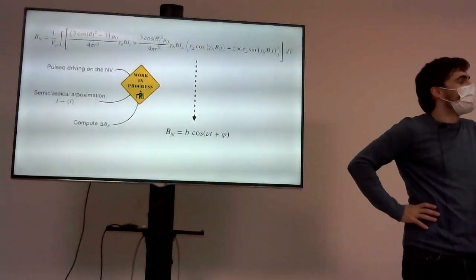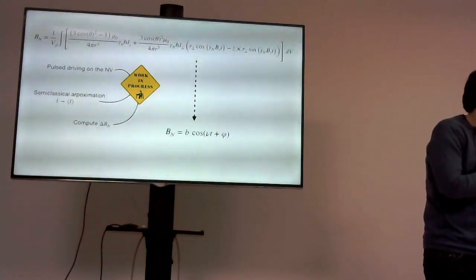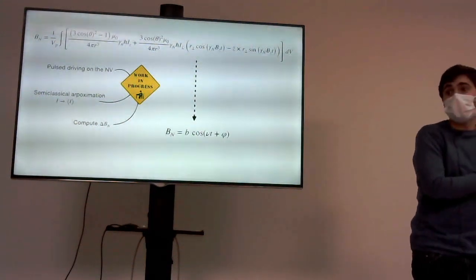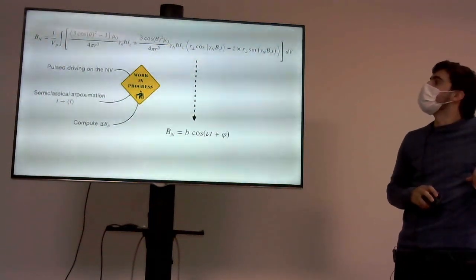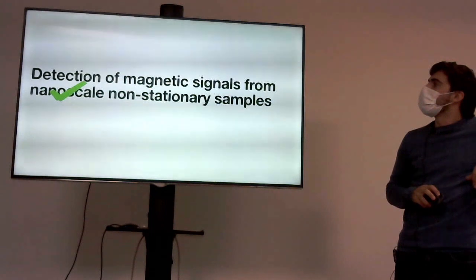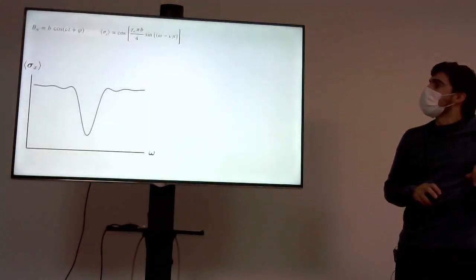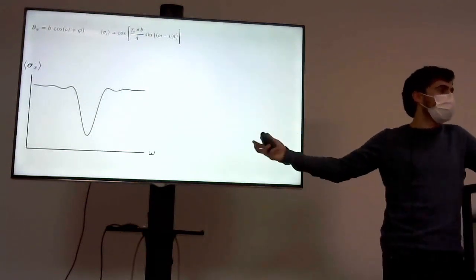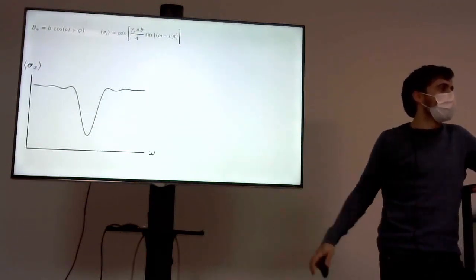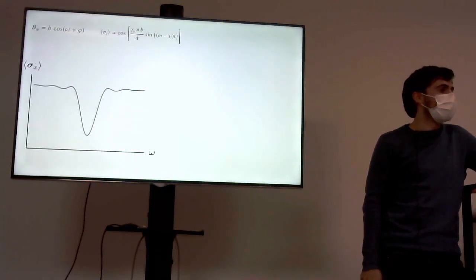A question about this control parameter: do you choose just one omega, or can you take several omegas for your analysis? We assume that we are tuned with the signal.